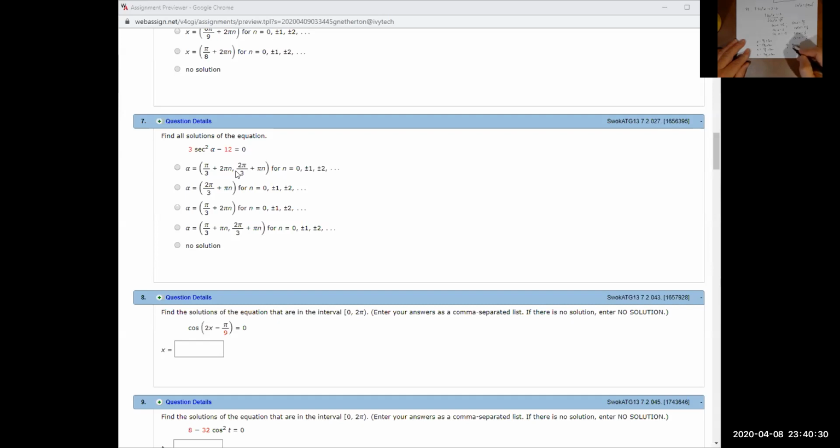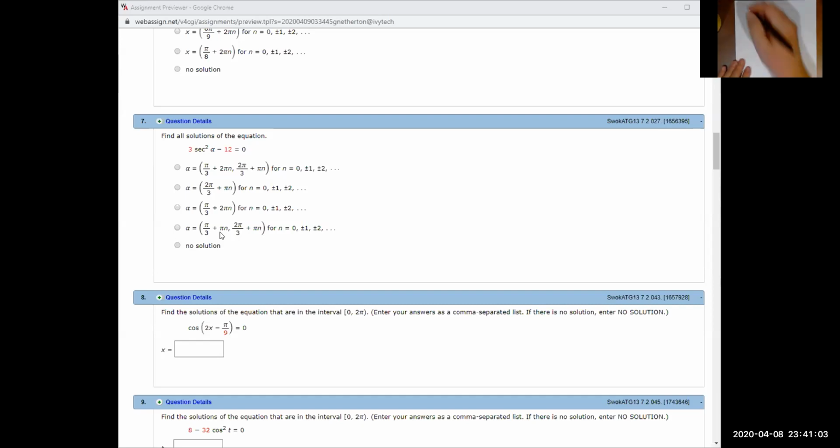When n is 1, I have pi over 3 plus 2 pi, which is 7 pi over 3. Well, this is sort of strange because here they're adding 2 pi and here it's pi n, so that's very suspicious. I'm pretty sure this one's probably correct. So let me go do that last one. I'm going to do it here, then I'll show you what I'm doing.